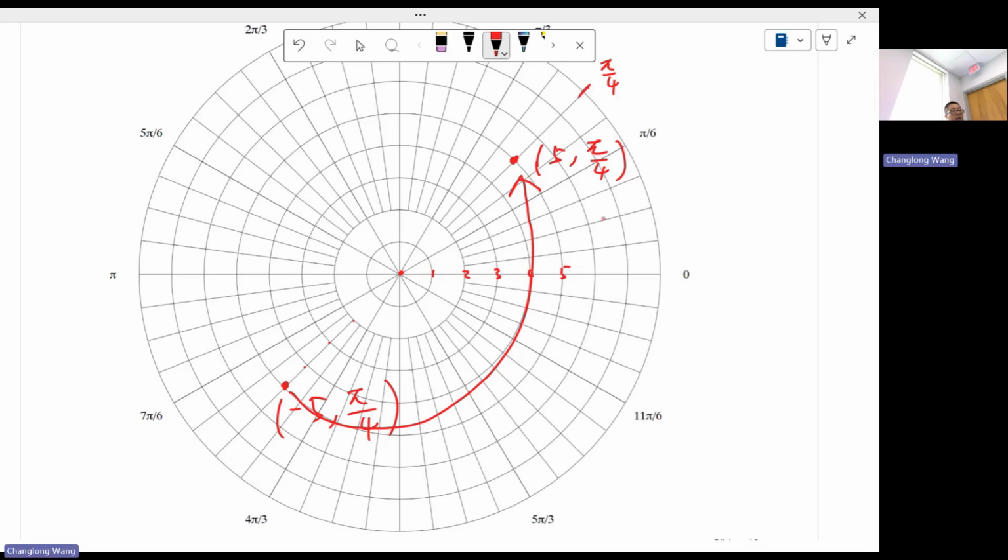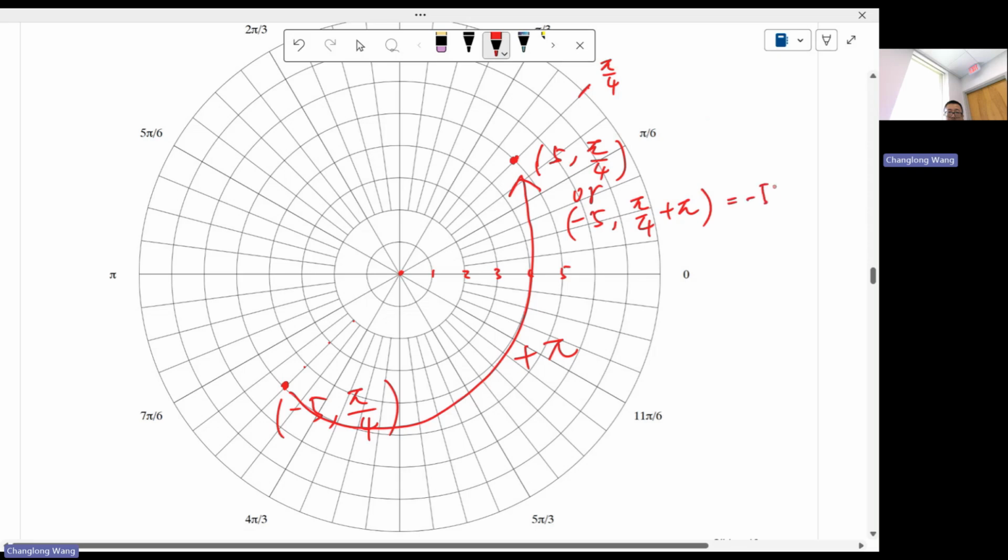I'm rotating by how many degrees? 180, or pi radians. There you go, so you're just adding the pi. Now you're back to the same point, but going with negative 5, and the angle is pi over 4 plus pi, which is 5 pi over 4.